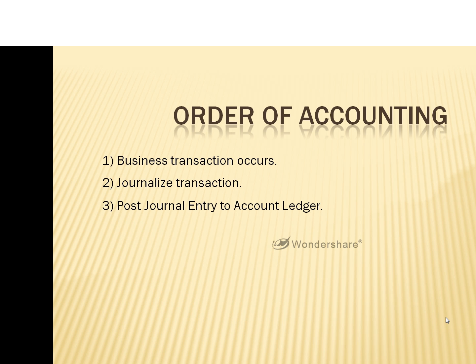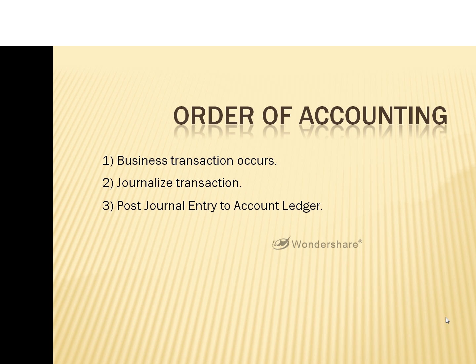Now, the account ledger looks somewhat like a T account, and it's the same concept, but it's an actual physical ledger that you post to, and you can see examples of this in your book. When we do this in an accounting system, you journalize the transaction and the accounting system automatically posts for you.